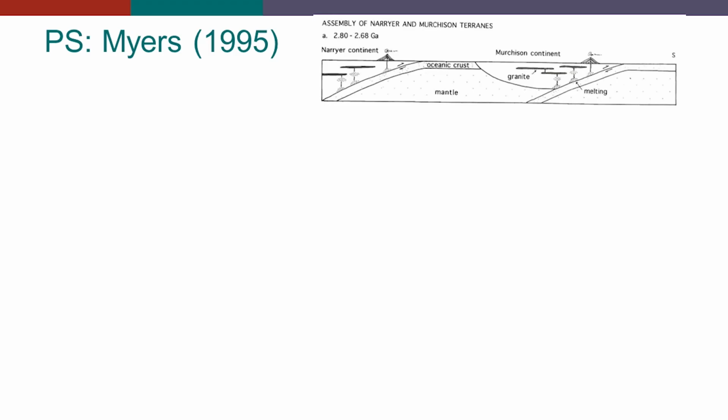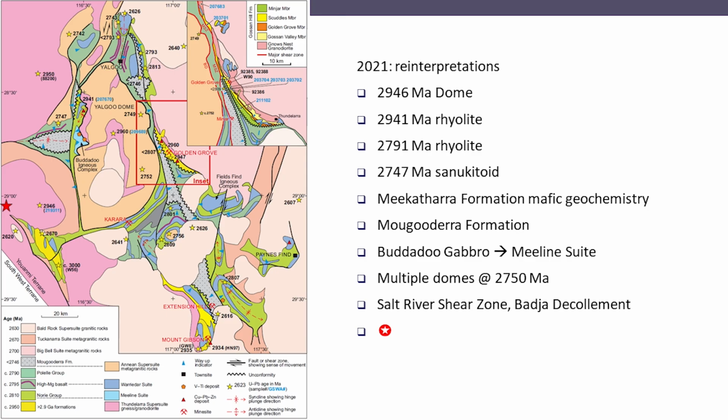And sanukitoids, as Jack has noted, in Gullewa as well, and a correlation with further north in these northwest trending geochemically defined belts. So I've mentioned those and the younger domes, and Ivan has been working a lot on these structures around the Yalgoo Dome, so we understand this area a lot better than we used to, but this one new age I was talking about changes everything to some extent, and the location is just to the north of the Kalanuka Greenstone Belt.